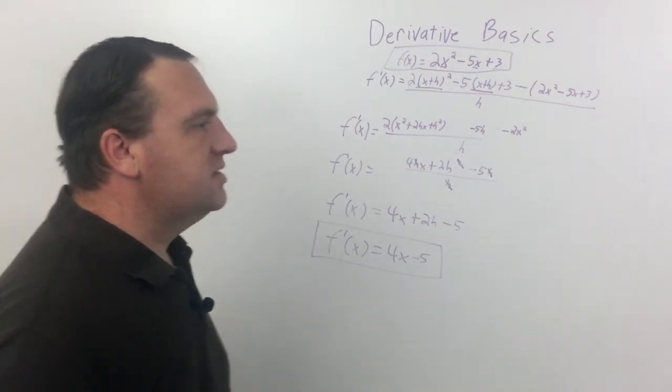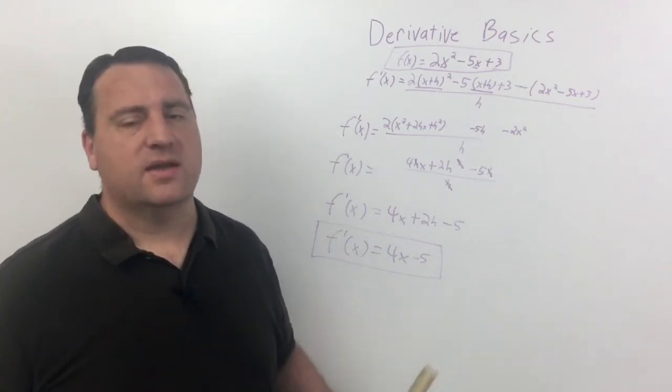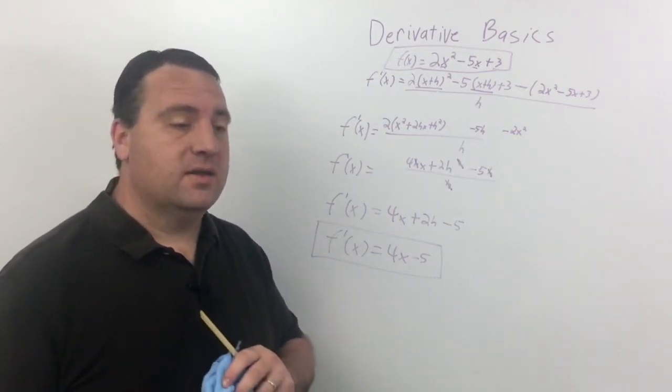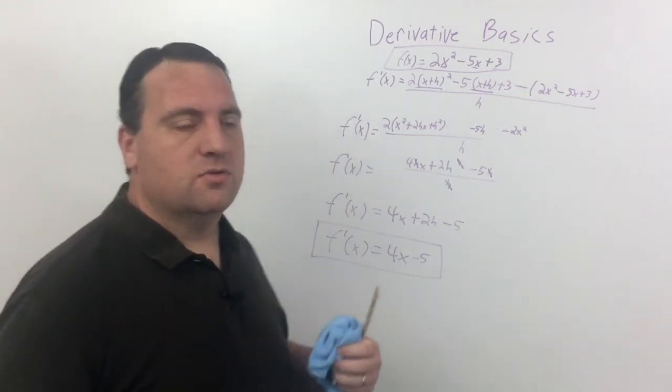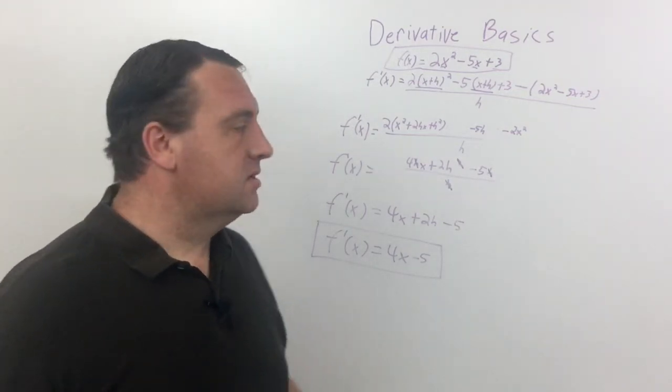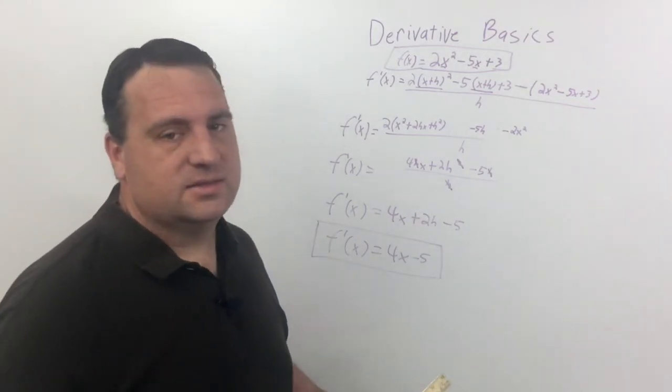So that's the basics of how you do derivatives the long way. As I said, we're going to find shortcuts. Next week we'll find a super simple way to do derivatives of any polynomial you want, and you'll be able to do it in your head in seconds.